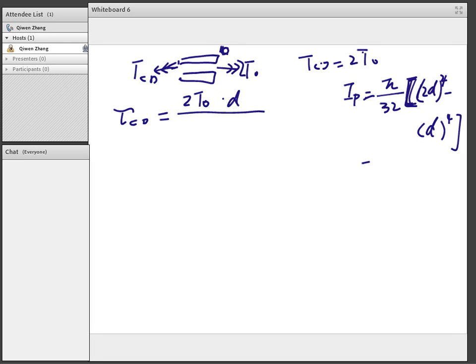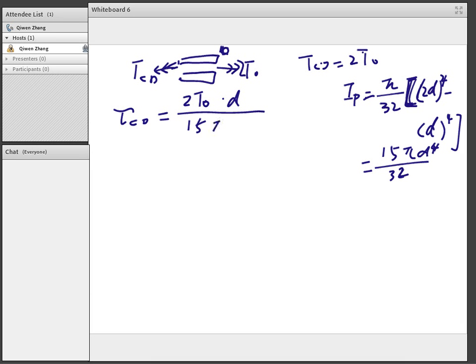When we simplify this down, we have 15 pi d to the 4th over 32.